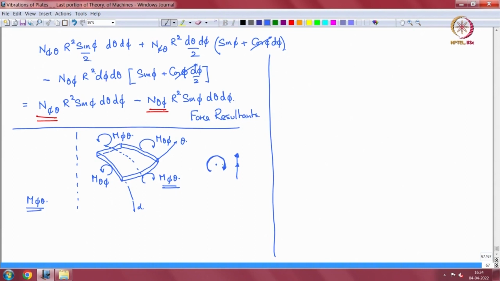The forefinger moves into the paper. So if I represent these twisting moments using double arrows and draw this in a different orientation, this is the line, and this double arrow is going inside. You use the right hand screw rule, it will point inward. Similarly the one on the left also points inward.